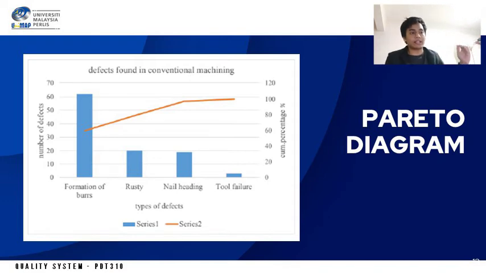And you can see that around 56.61% defects happen on the formation of burr, while others is caused by 3 defects, which is rusty, nail holding, and tool failure. So the conventional industry need to solve the formation of the burr to increase the quality of the product.